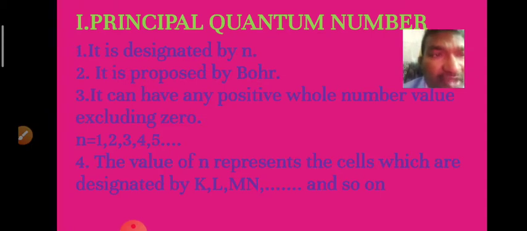The value of n represents the shells which are designated by K, L, M, N and so on. So we can represent the main energy levels or shells of an atom with K, L, M, N or 1, 2, 3, 4.